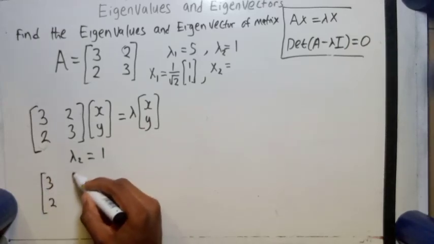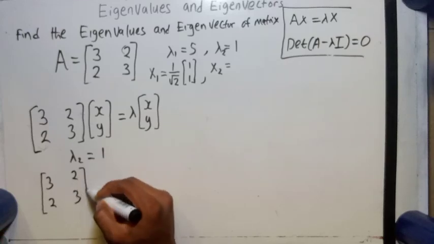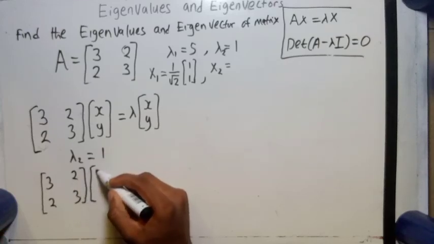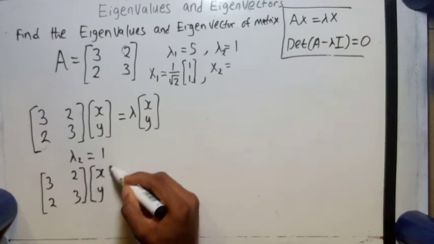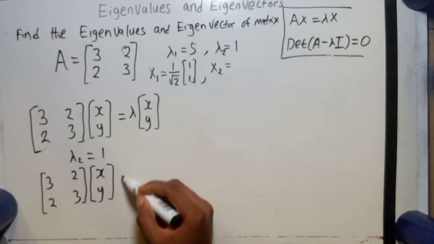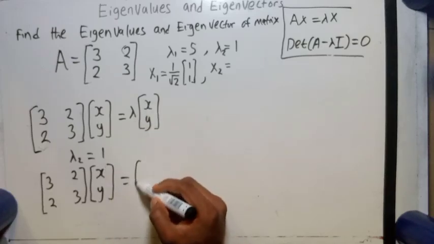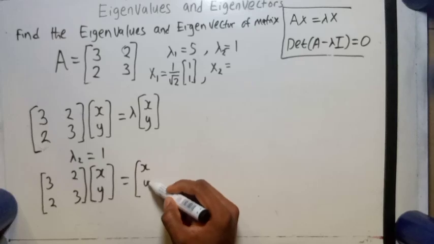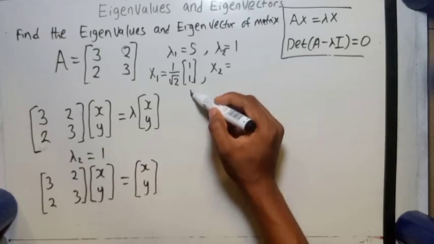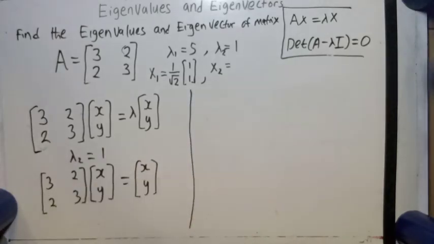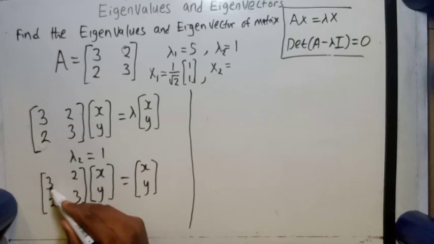So we're going to have the matrix 3, 2, 2, 3. 1 multiplying anything will still remain that thing, so when we solve this, 1 times all of that still remains, nothing changes. So from here, we can bring it back to its normal equation form.